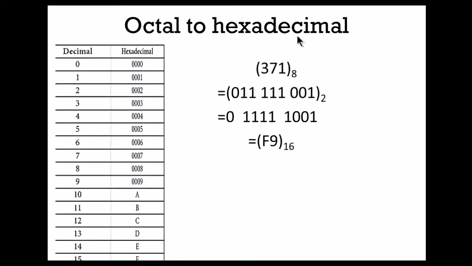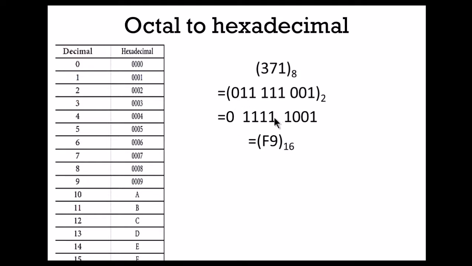For octal to hexadecimal, first we have to convert that octal number into a binary number. So we have to convert 371 into binary. Like in octal to binary, we apply the 4 2 1 system for segments of 3. So 3 gives 011, 7 gives 111, and 1 gives 001. And finally, whatever number comes, we convert it into segments of 4 digits, starting from the LSB. So 1001 is one segment, and 1111 is another 4-digit number, and finally 0.